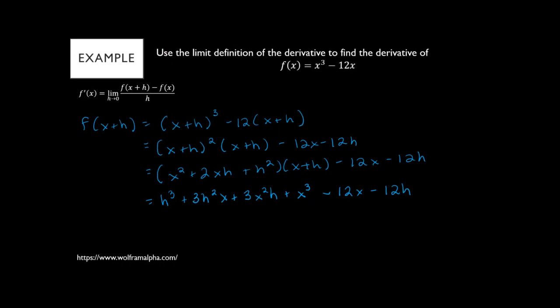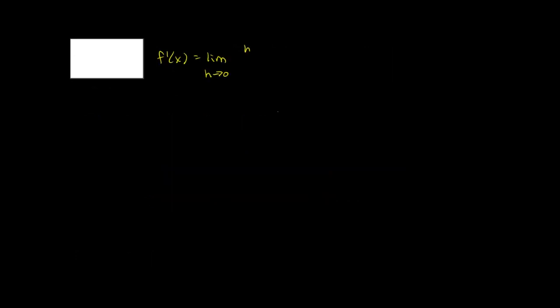That will be a lot easier. Okay. h cubed plus 3h squared x plus 3x squared h plus x cubed. And then we're subtracting our original function, f of x, which is x cubed.